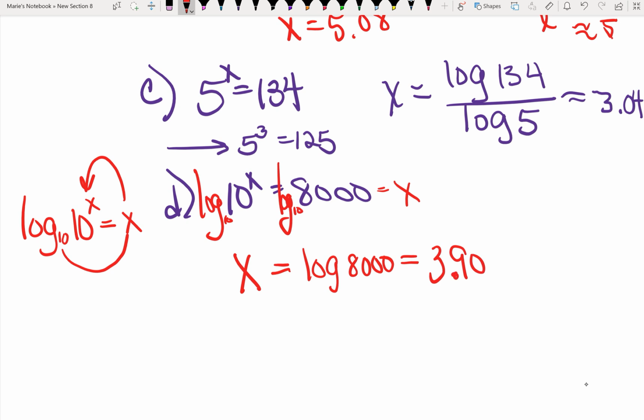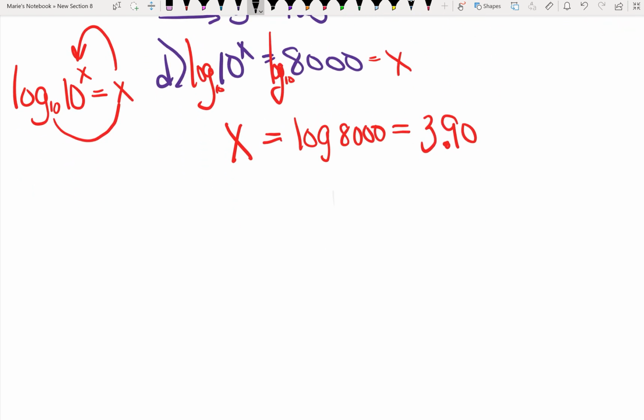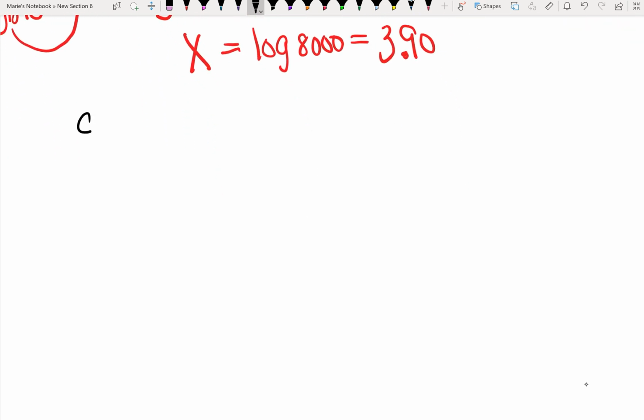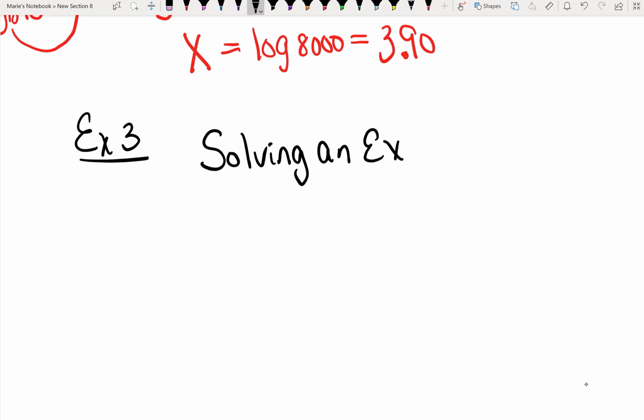All right. Let's go with example 3. In example 3, we're still solving an exponential equation, except this time we have natural base e in this particular example. So we are solving an exponential equation.